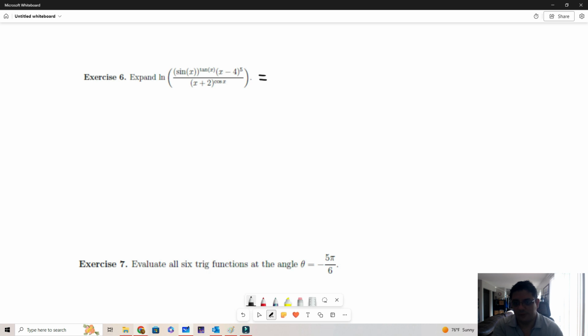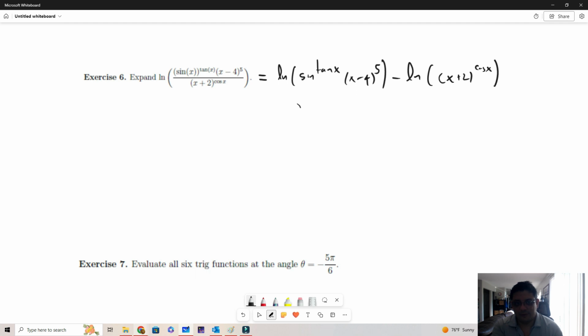Notice that this is the log of a quotient. The log of a quotient is the log of the top minus the log of the bottom. So this log of this quotient becomes the log of this minus the log of this. Now we have each of the individual terms.